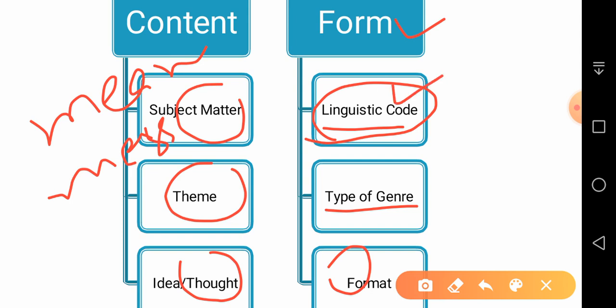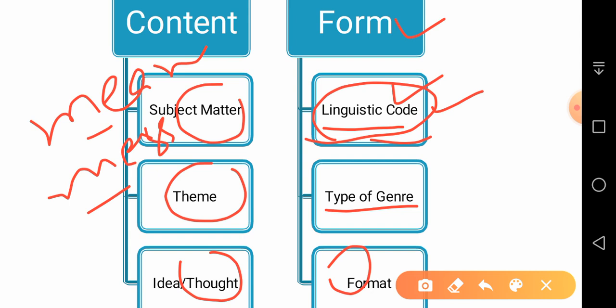On the surface, what our eye sees is language, words, sentences, syntax, and arrangement of words on the paper. So in this maze of words or linguistic code, beneath this linguistic code lies our message or meaning, or the intended message or meaning.